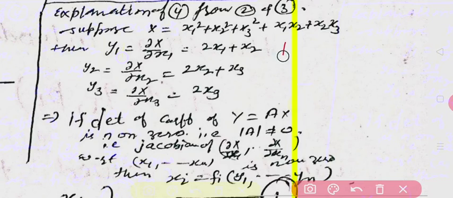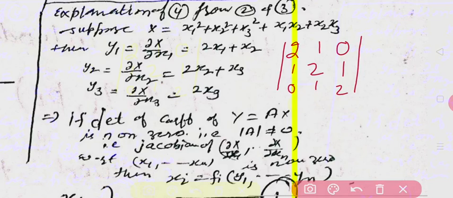That was 2, 1, 0, and 1, 2, 1, and 0, 1, 2. Okay, you make the editing here. This is plus x1, and this, with respect to x3, is plus x2, right?